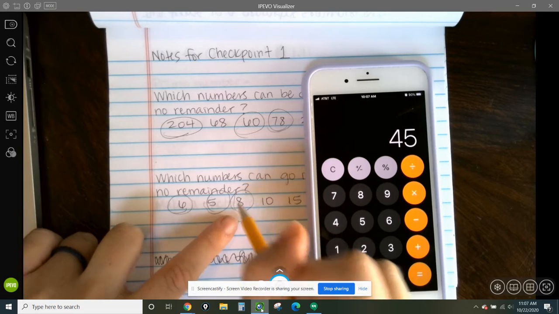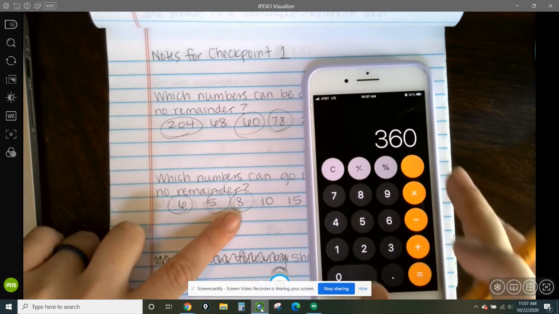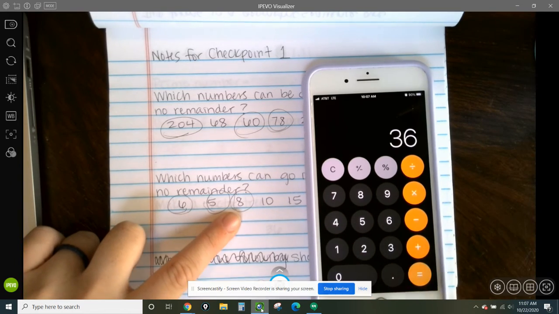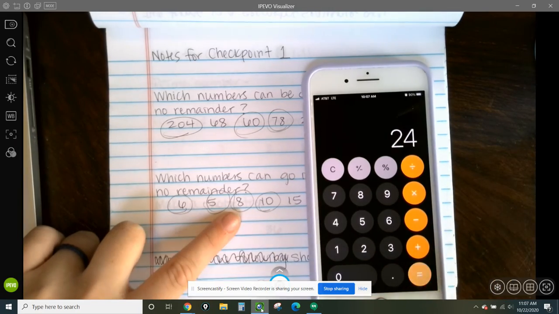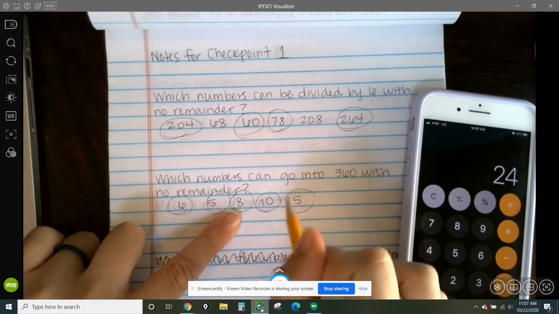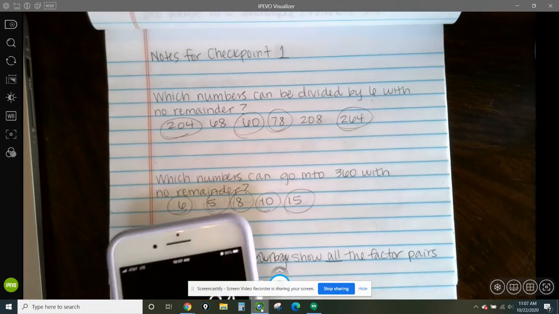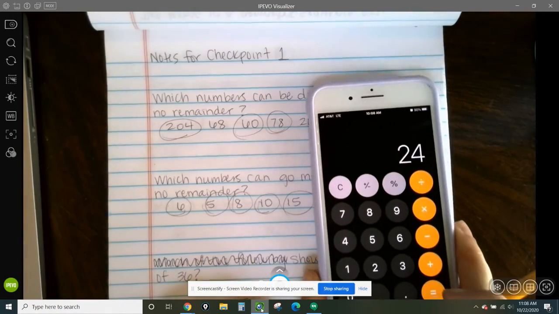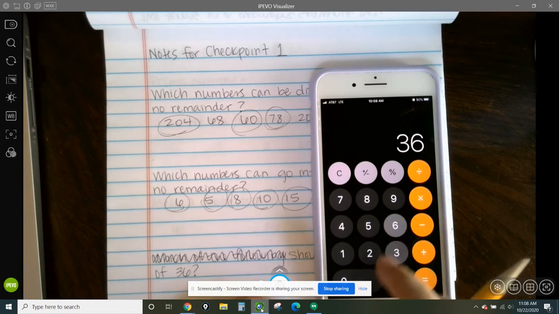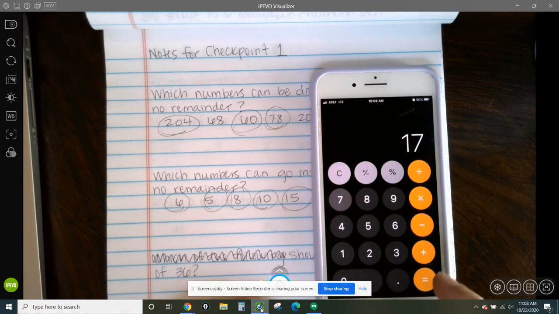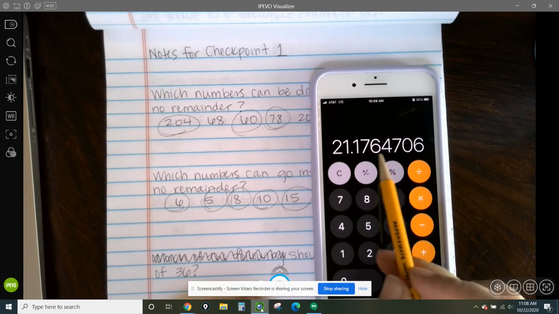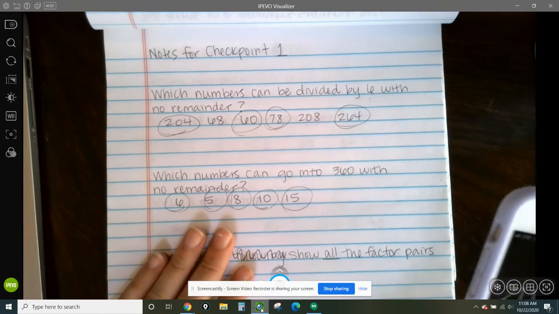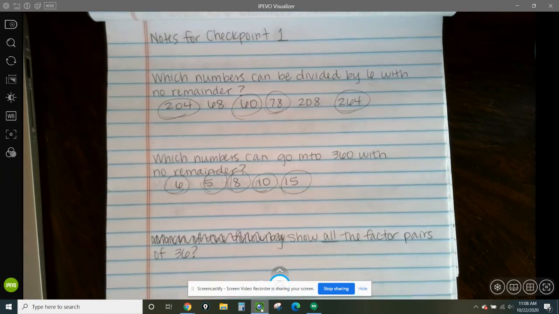That one came out evenly. 360 divided by 10 came out evenly. 360 divided by 15 came out evenly. They all went into 360. If you want to see what it would look like if one didn't, let's do 360 divided by 17. See how that had a bunch of decimals? That would not go in evenly, but the ones that were listed here did go in evenly.